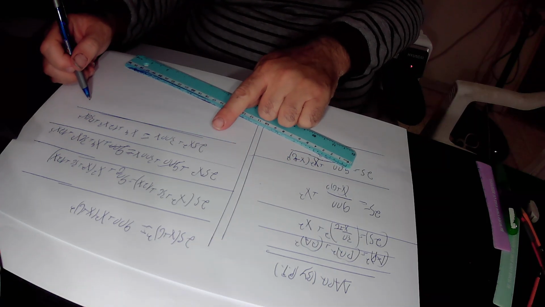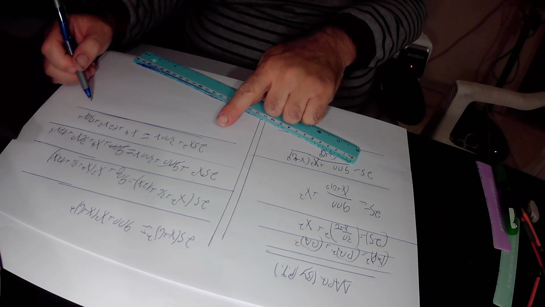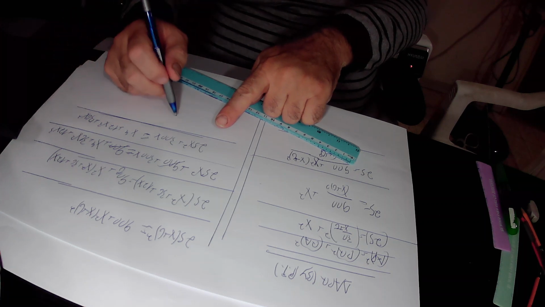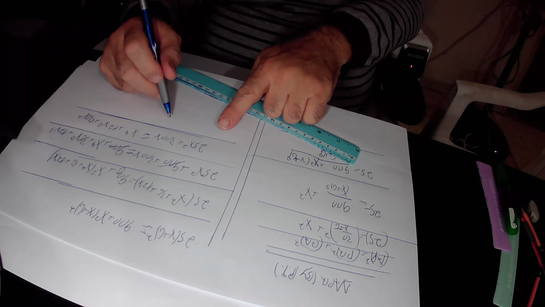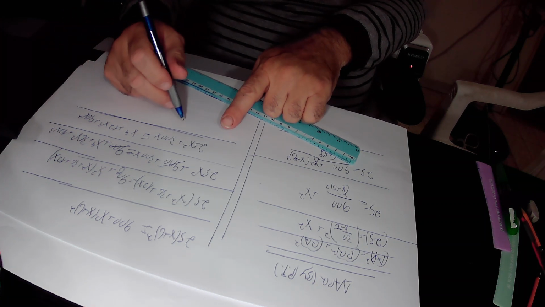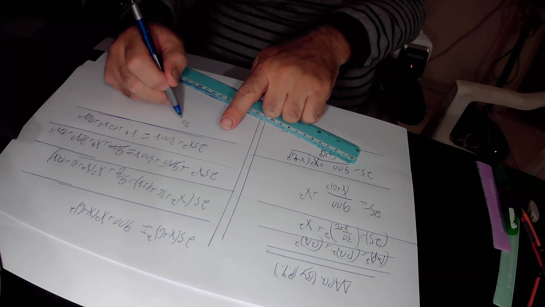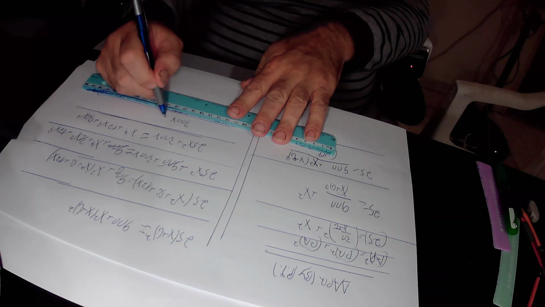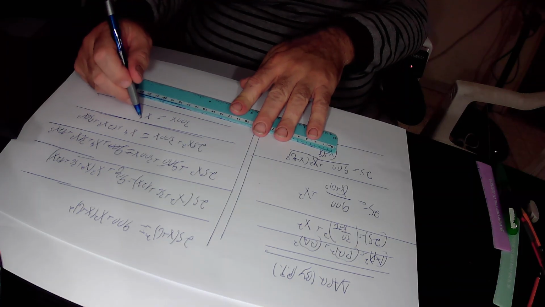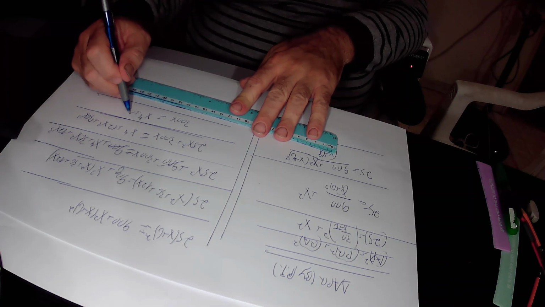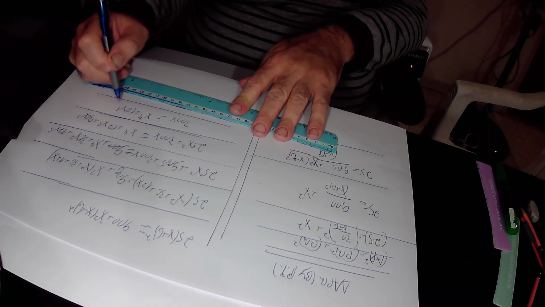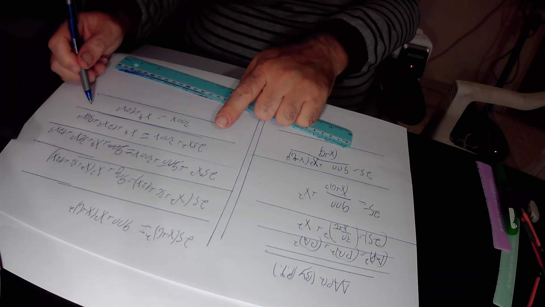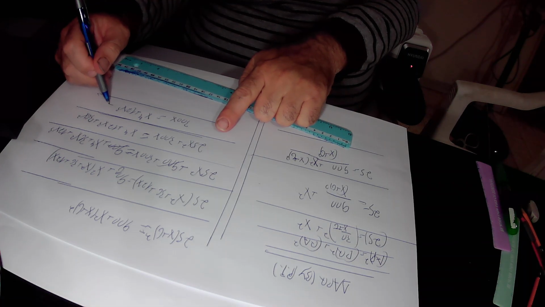Here we subtract 25x squared from the equation. What is left is 300x equals x to the power of 4 plus 12x cubed, and 36x squared minus 25x squared is equal to 11x squared.